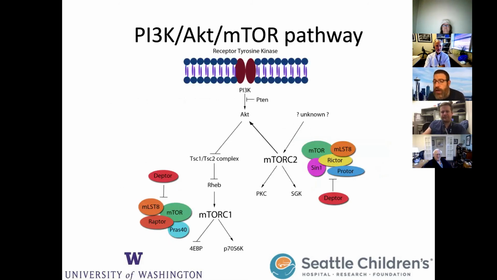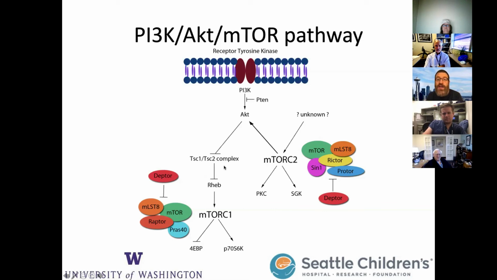This is what it looks like. Essentially, at the cell surface, receptor tyrosine kinases dimerize, and it activates this pathway. And I think the fundamental thing to look at on this very busy slide is this idea that there's this one protein called PTEN, which basically can put the brakes on everything in this pathway.